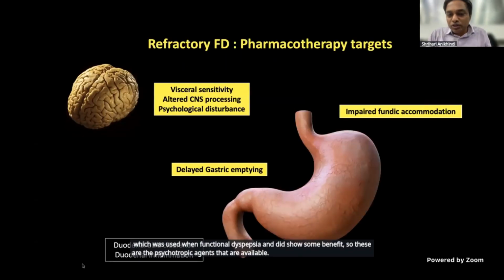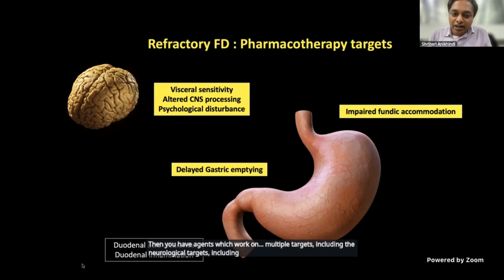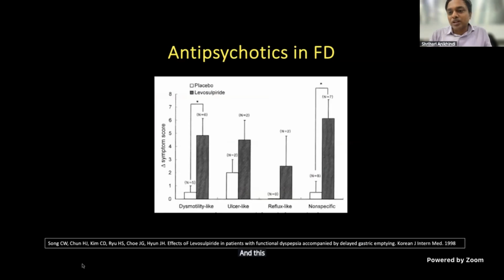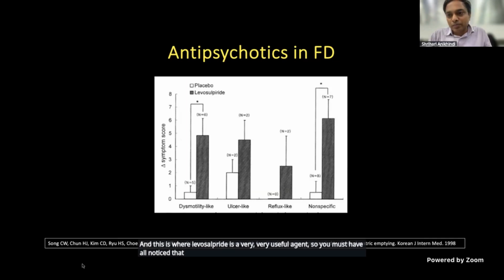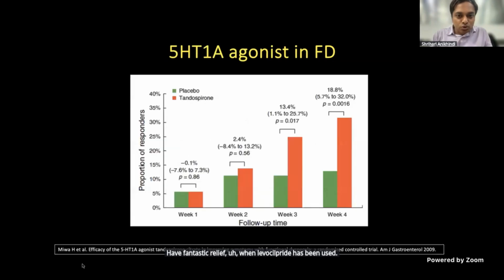Then you have agents which work on multiple targets, including the neurological targets, including the fundic accommodation and the gastric emptying. And this is where levosulpiride is a very, very useful agent. You must have all noticed that when you use levosulpiride, a lot of patients have fantastic relief. Studies have shown that.